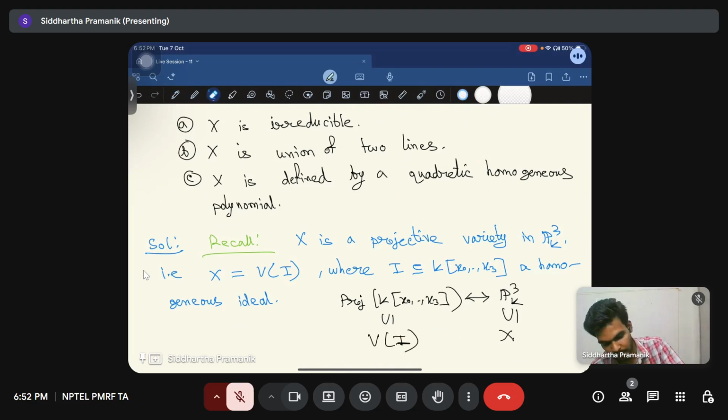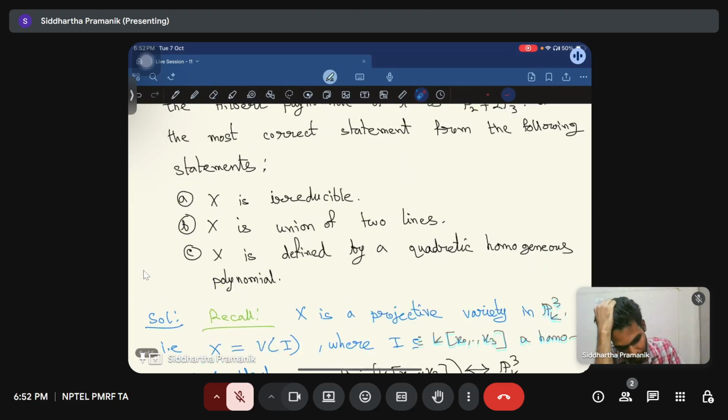So this is the algebra part. This is the geometric part. And what is the Hilbert polynomial of X?